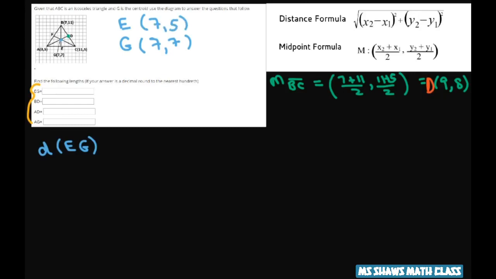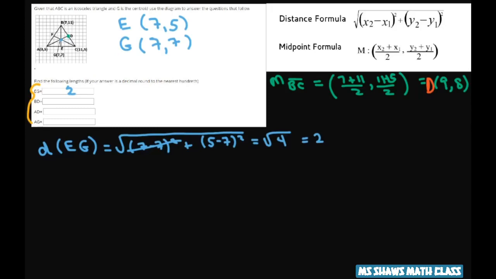So let's find the distance of those 2 points. So subtract your x's, square it, subtract your y's. Please go in order. I guess it doesn't matter too much, but that's going to be 0. This is going to be negative 2 squared, which is 4, which equals 2. So that's just going to be 2 for this answer.